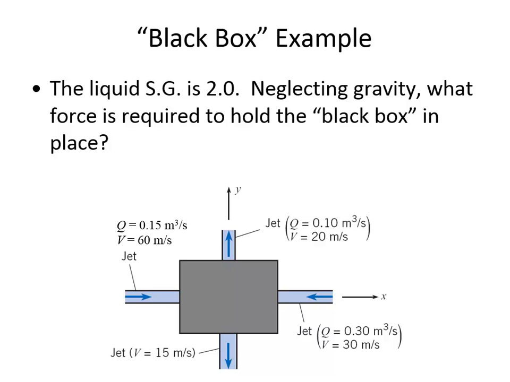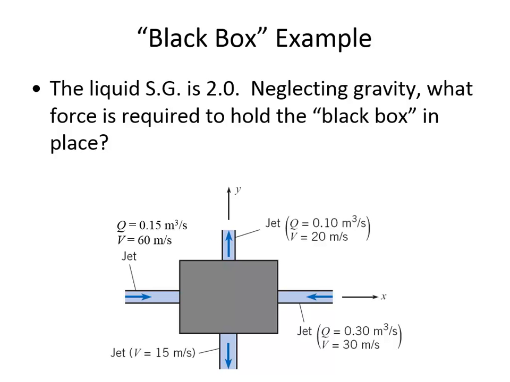If we know that the force required to hold the system steady in x will be mass flow rate out, velocity out in x, minus the mass flow rate in, velocity in x, is there an easy answer to be had here in the x direction?